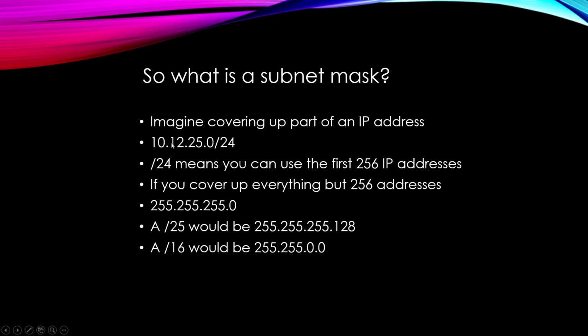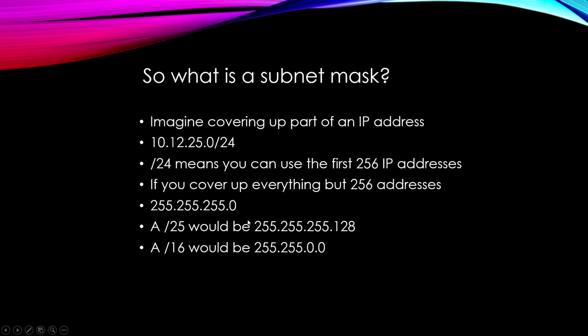So if you had 10.12.25.0 on your Linux server, or you're looking in your Windows network settings, you'll see, oh, I have an IP address, and then you'll see a subnet mask. You can tell from the subnet mask how large the network is that you're on, just by knowing what it's covering up. So if a /24 is 256, a /25 would be 128 addresses.